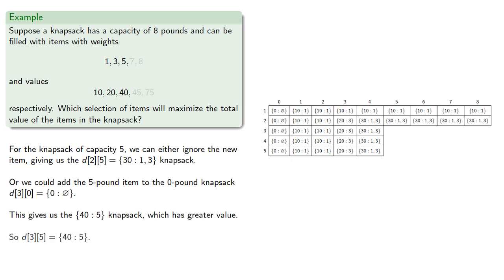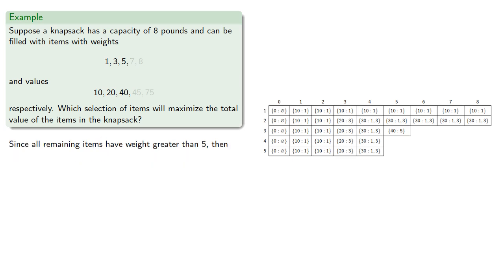And so D of 3, 5 is that 4-5 knapsack. And since the remaining items have weight greater than 5, this is going to be true even if those other items become available.